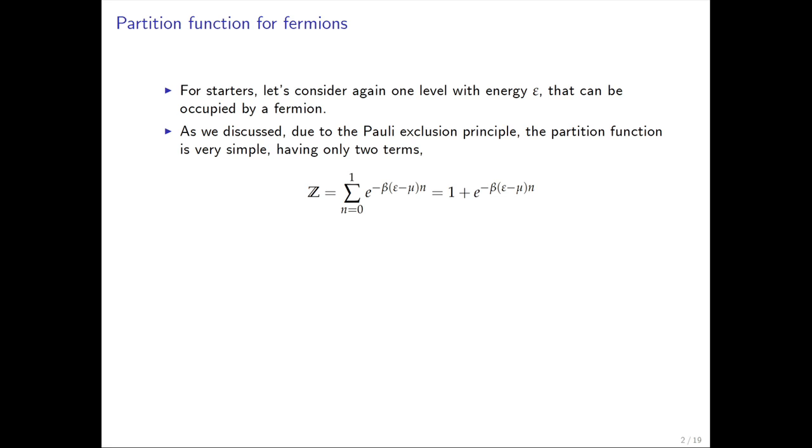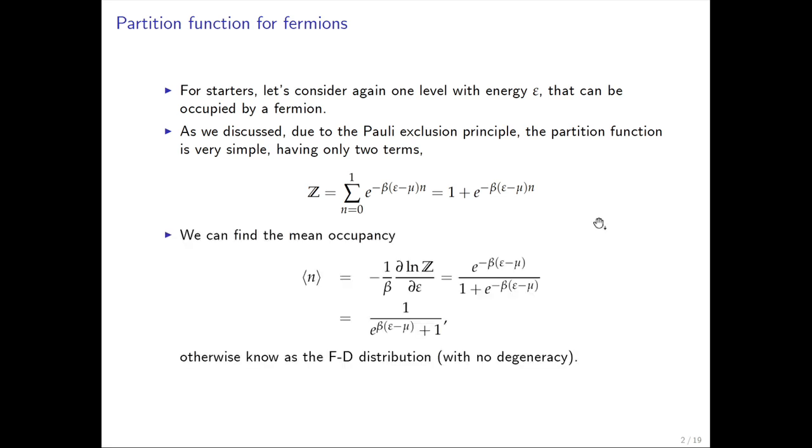We can have a fermion in this one level or not, and that gives us two terms in our grand partition function with these Gibbs factors. The 1 and e to the minus beta (epsilon minus mu), where mu is the chemical potential. Oh, this is actually a mistake here. This is the n equals 1 term here, so I'll correct that when I upload the notes.